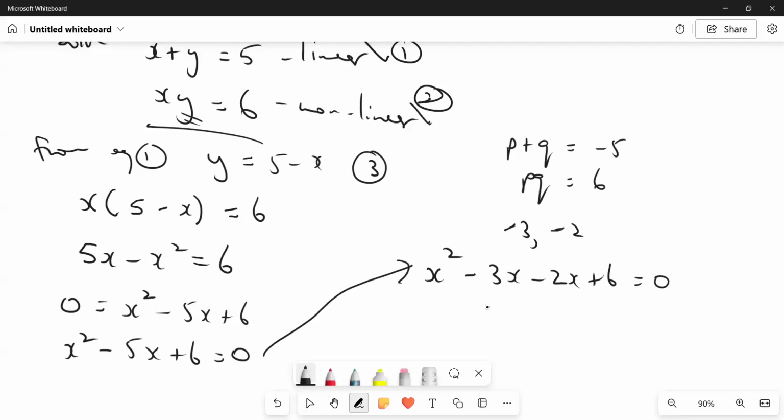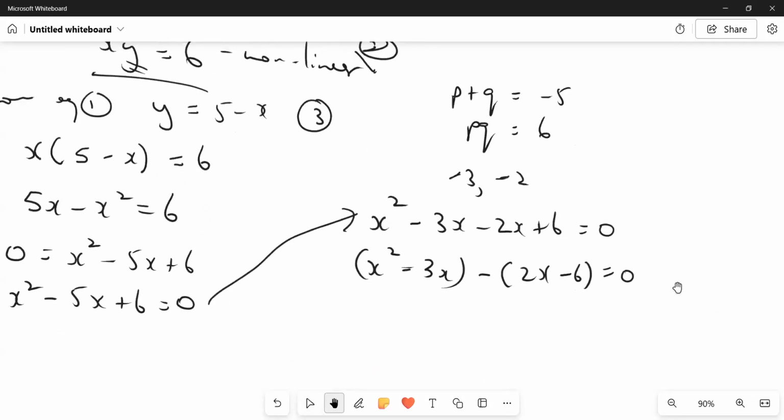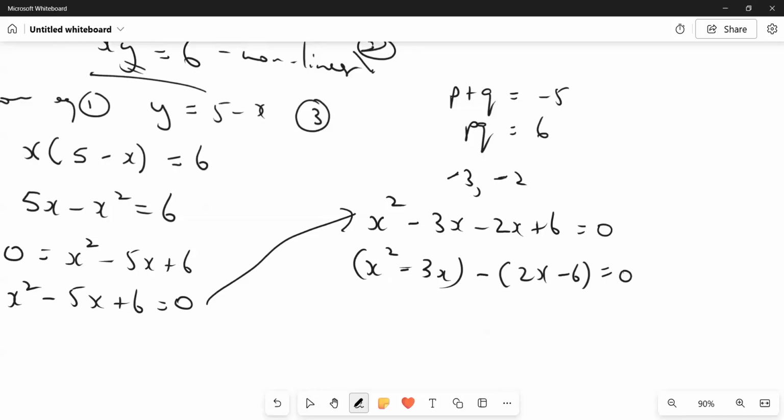Now group these two, group these two. Remember, you have to change the sign in here. I hope you're remembering all of this. So here you factorize out x minus 3, and down here 2. This is common, you put it in front, and put x minus 2 in the next bracket.